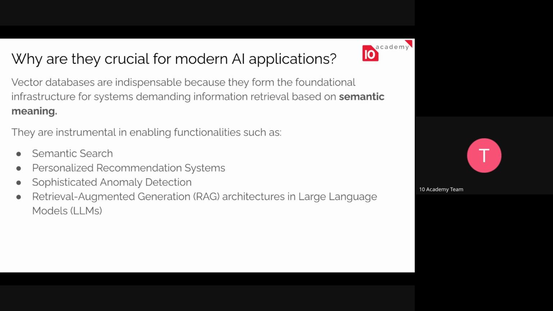But if you are looking for retrieving context based on semantic meaning, or something that's close to the question, you're definitely going to need it. So this is used for semantic search, anomaly detection, personalized recommendation systems, and of course, what you're going to be working with, the RAG architecture, found in large language models, and RAG as independent as well.